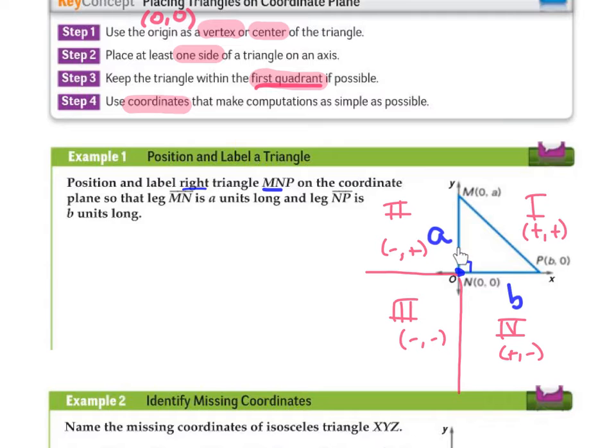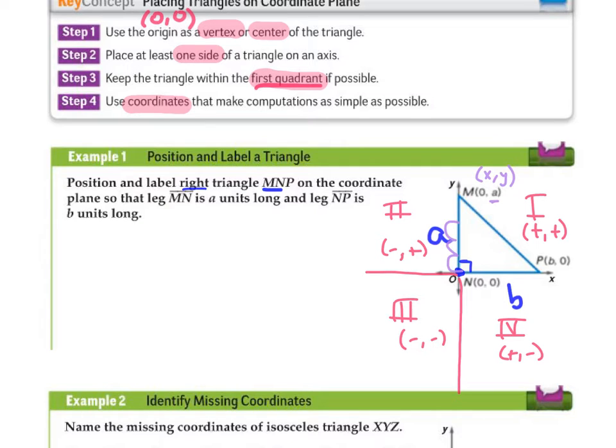So we don't know how long this is, but having it A units long, we could say this is 1, 2, 3, 4, or if it was shorter, we could say 1, 2, 3. Being A units, we could change it to whatever number we need, okay? So this is our x, comma, y. X is 0, y is A values.